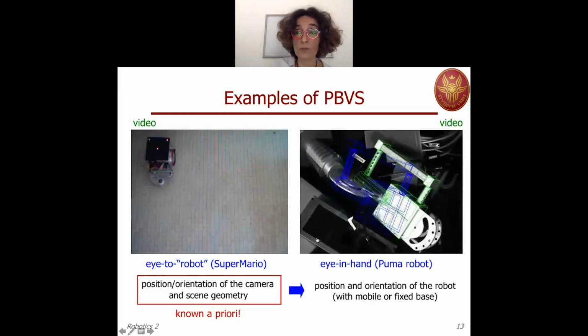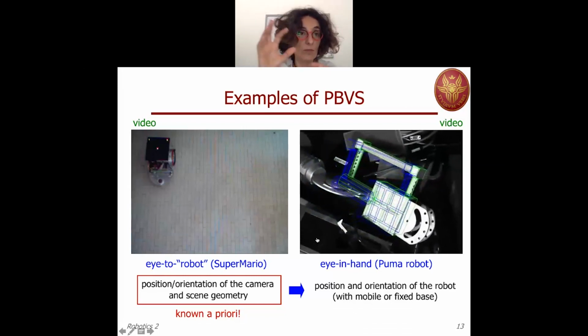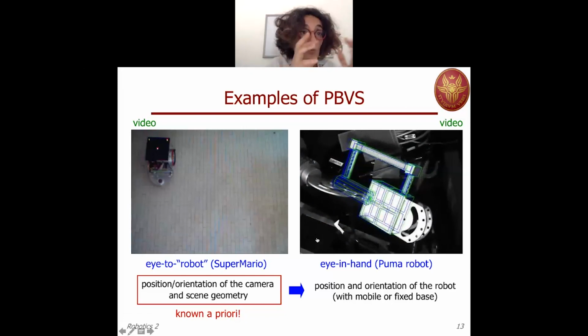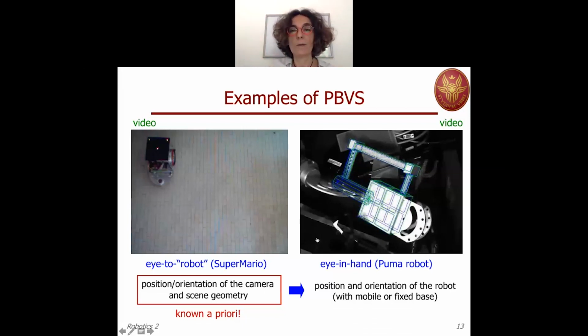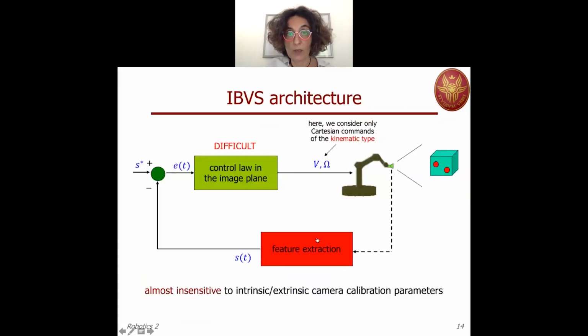The manipulator moves so that the two poses, actually, not the images, because here we are dealing with position-based visual servoing, coincide. I mean, zero error between the desired and the actual 3D pose of the object.